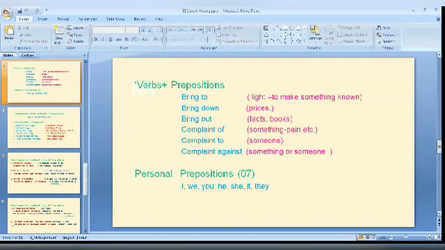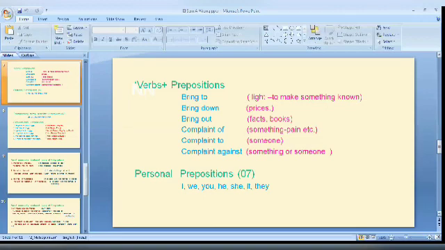Bring down prices: especially when we talk about prices, the rate, the cost, we can use bring down. The government has failed to bring down the fuel prices. In this way we can use it. Bring out: bringing out the facts, bringing out new editions of books, we can also use.